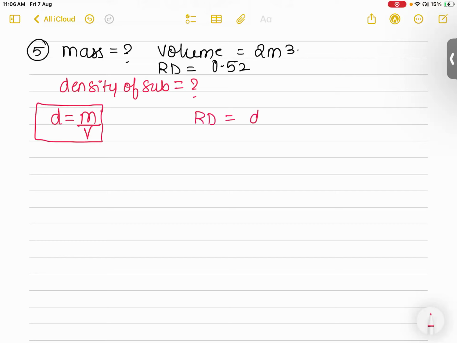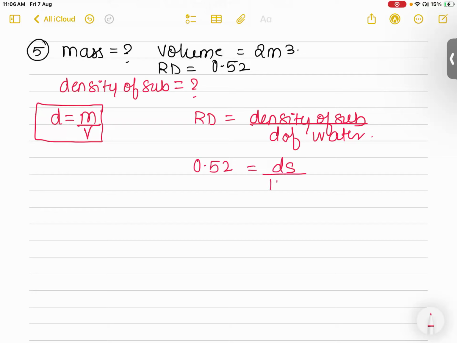RD is density of substance upon density of water. Here, RD I will take 0.52. Density of substance I don't know. Density of water I am taking as 1000.